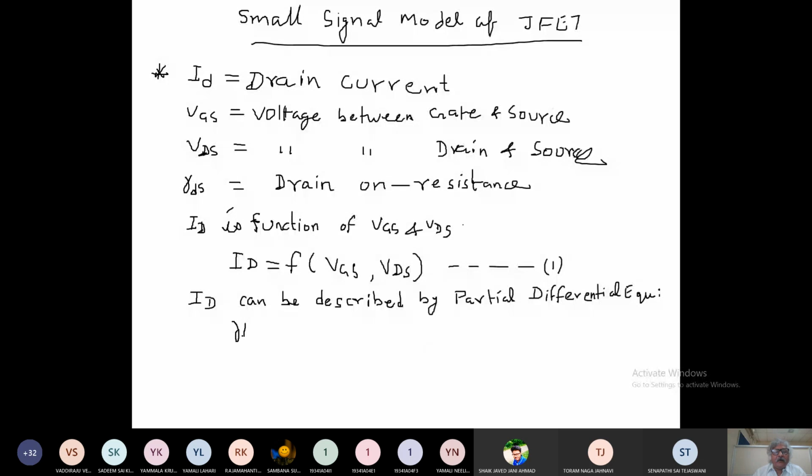So it is del ID is equal to del ID by del VGS, and here we keep VDS constant, times delta VGS, plus del ID by del VDS, and here VGS is constant, times delta VDS. So this is my equation number 2.